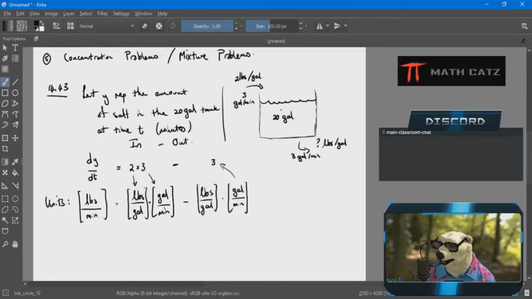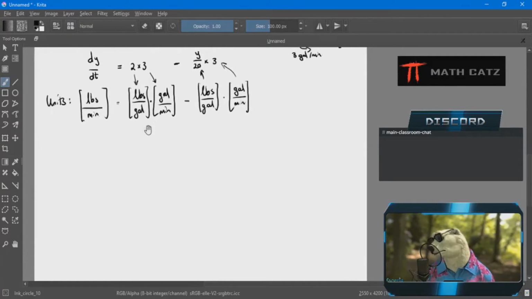But how much here in pounds per gallon are going out? Well, I have in this 20 gallon tank, I have Y pounds of salt. So the per gallon amount is therefore Y divided by 20. Y pounds of salt in 20 gallons. So Y divided by 20 is the per gallon amount of salt. So there is our differential equation.